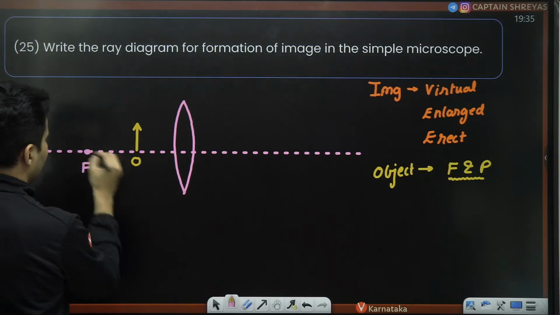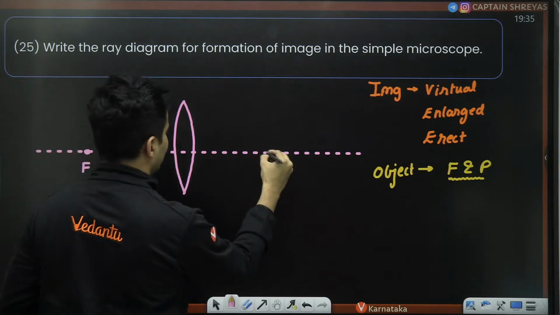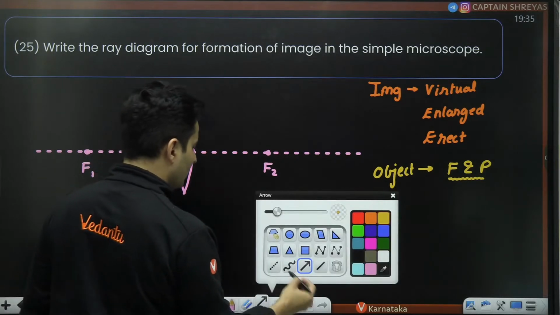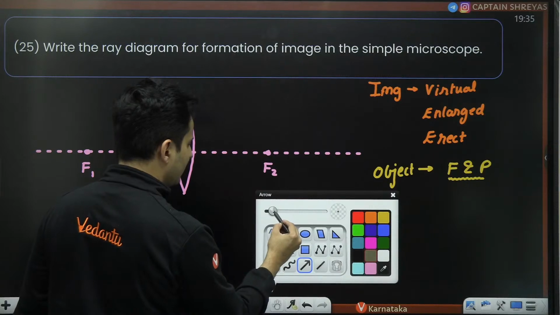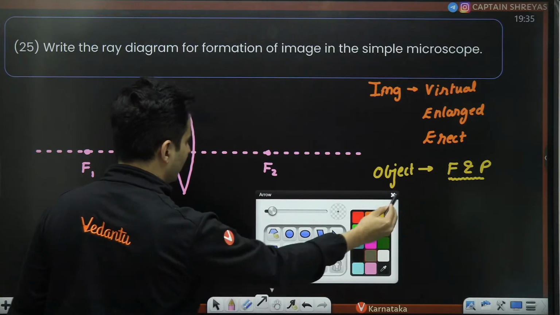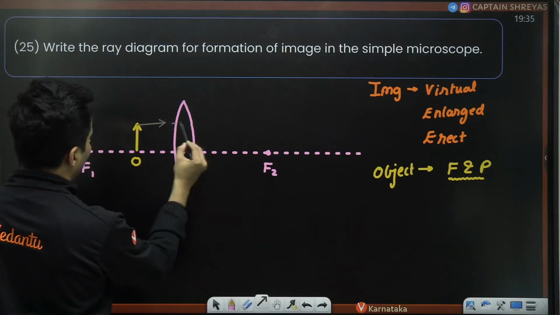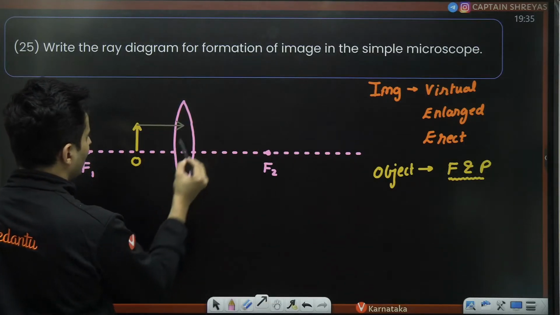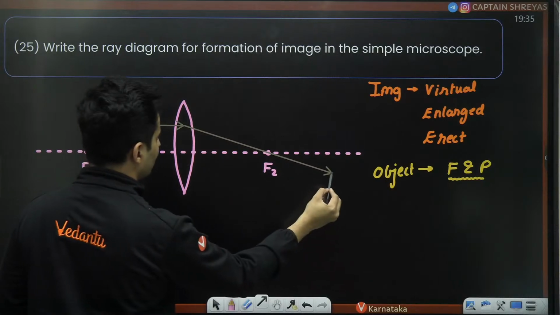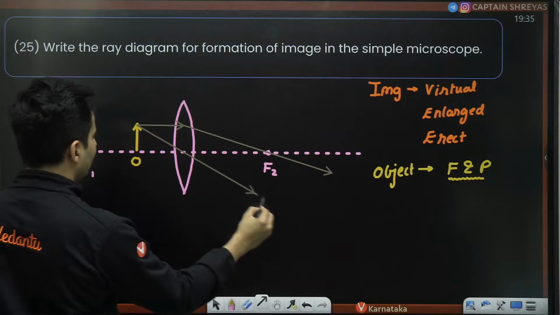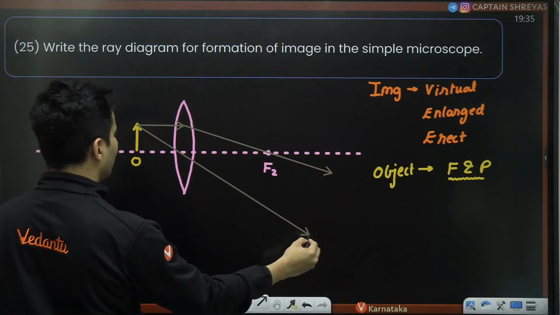If this is your primary focus, same distance over here, this will be your secondary focus. So if you start showing the ray diagram lines, it will look something like this. One ray will go like this, parallel, and after it is parallel, obviously it has to pass through the focus. So it will go like this. And any ray which passes through the pole will go undeviated.